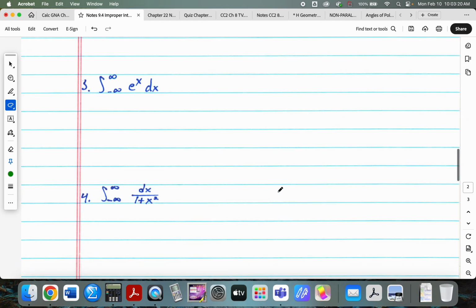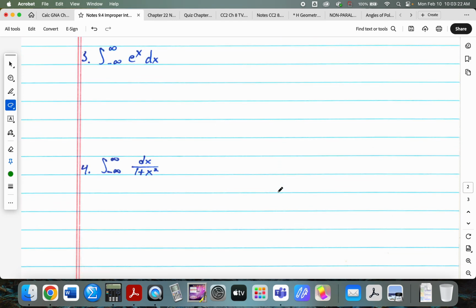All right, now let's look at some where both limits of integration are infinite. So first we need to split that into two parts. And again, like I said, I almost always split it at 0. Unless there's some reason not to.